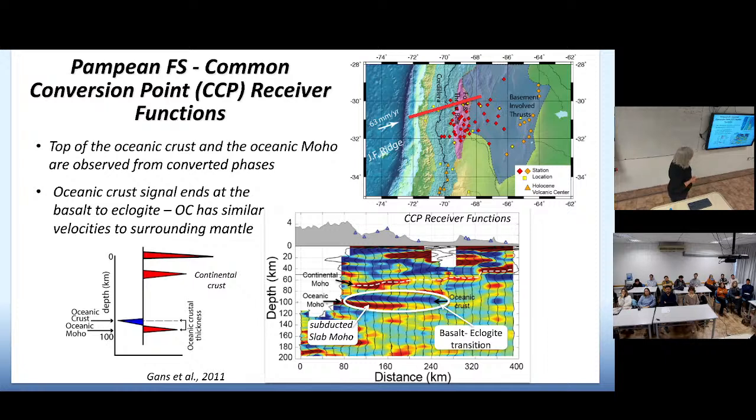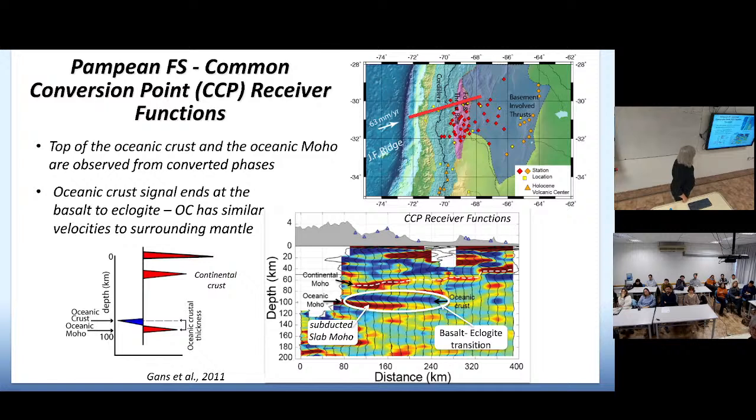So again, if we go back to receiver functions, we can see the same thing. Here's the top of the oceanic crust, here's the oceanic Moho, and then the continental crust is this line. It's a little weak in spots, but that's going across the flat slab region.